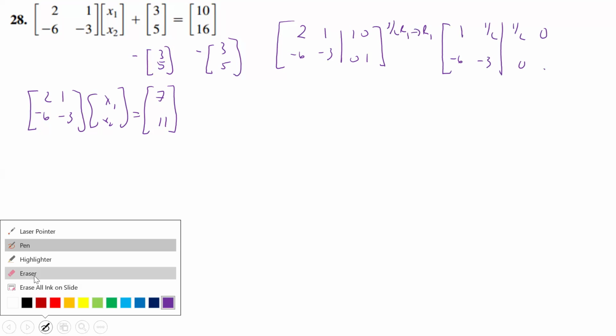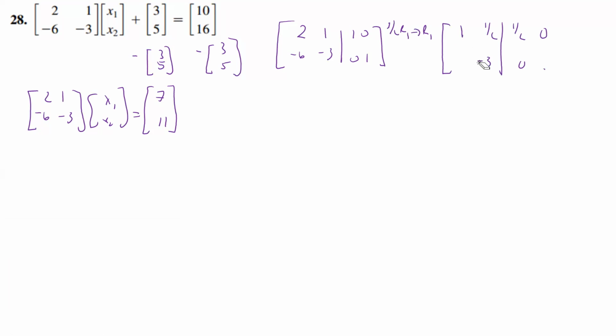Let's do two steps in one instead of just the one step. Since we have opposite signs already, let's take 3 times row 1 plus row 2, and that's our new row 2. So 3 times that plus that gives us 0, 3 times that plus that gives us 0, 3 times that gives us a 3, and 3 times that plus that gives us a 1.